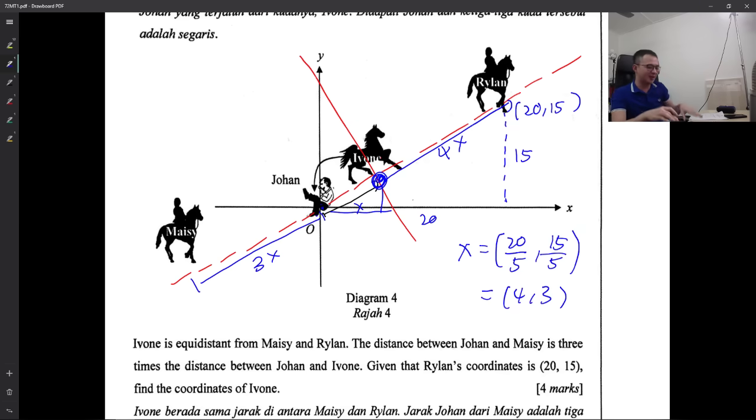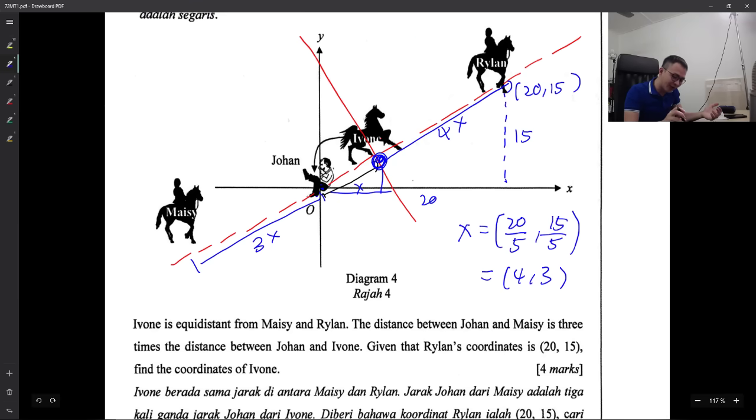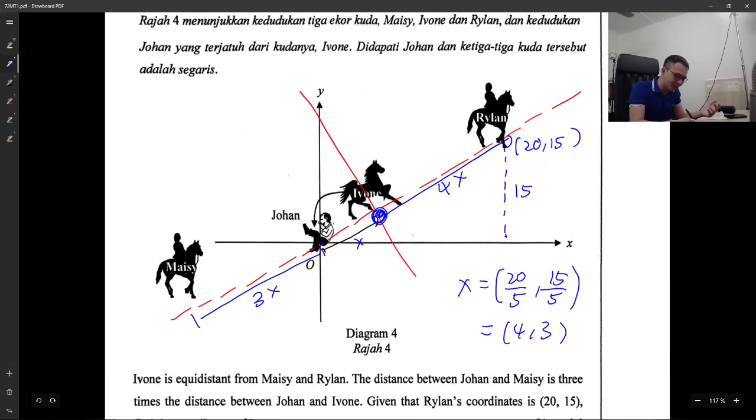But if you don't understand, I will use back the proper way for this one. Because of the x over here, we can know the ratio for this thing. I'm going to make it smaller because I want to explain over here. This is R, and then this is J, and then this is M. Because the ratio here is 3, here is 5, I'm going to do ratio 3 and 5 here.